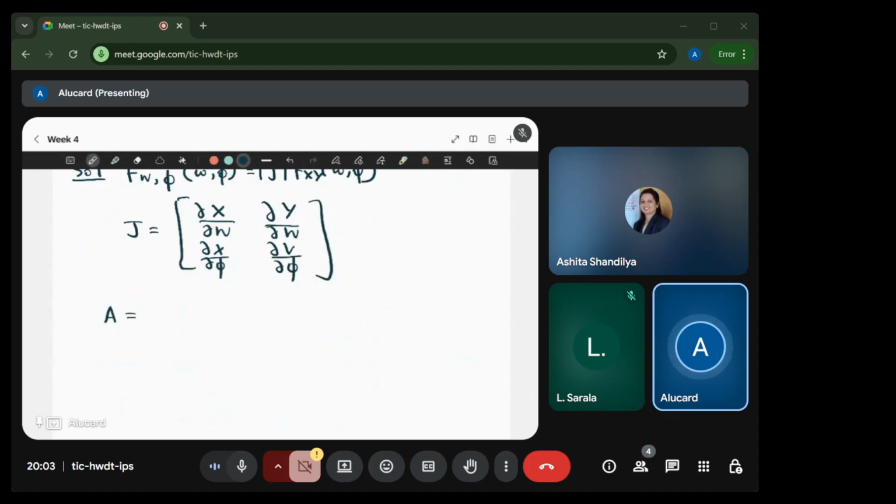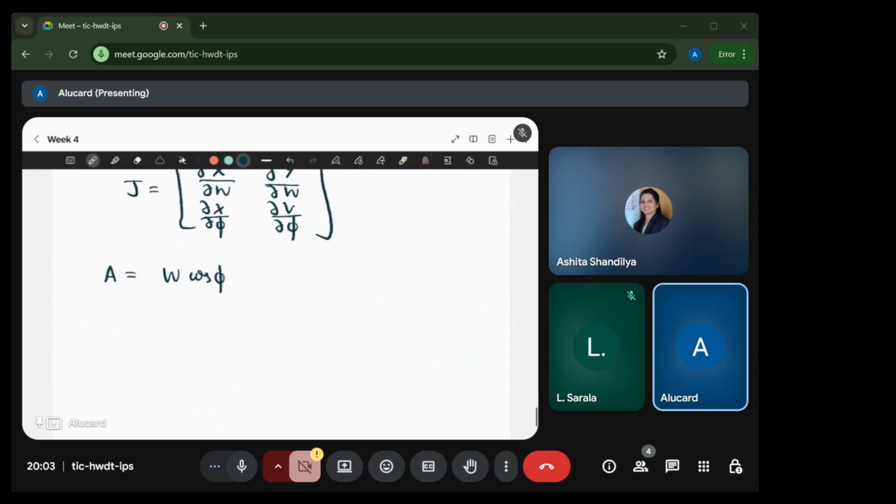If A is w cos phi, then dA by dw is, when you are taking partial derivatives with respect to w, you treat the other variable phi as a constant. So cos phi is a constant. The derivative of w cos phi with respect to w, considering cos phi as a constant, is just cos phi.